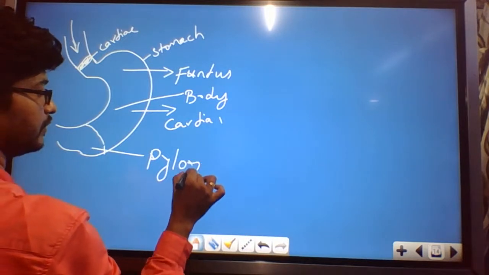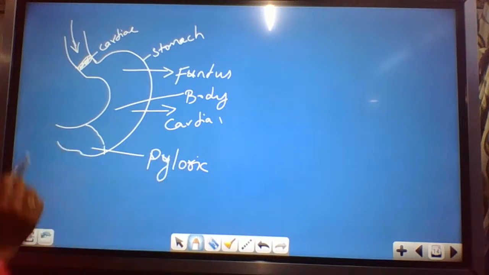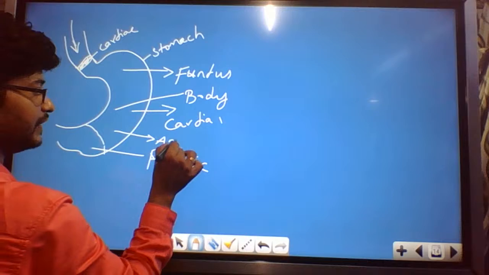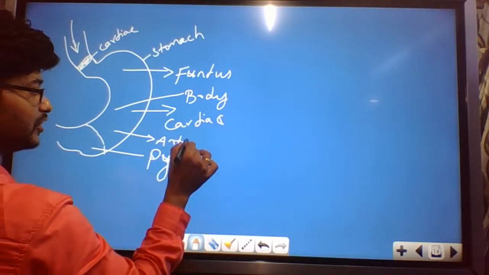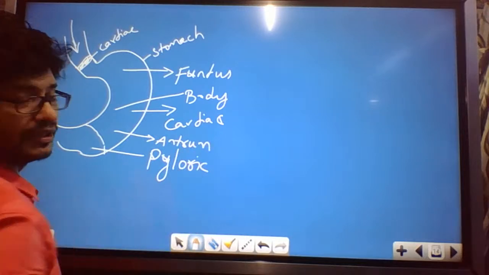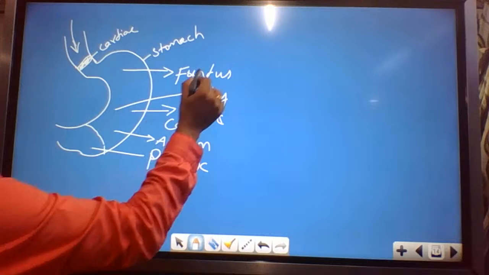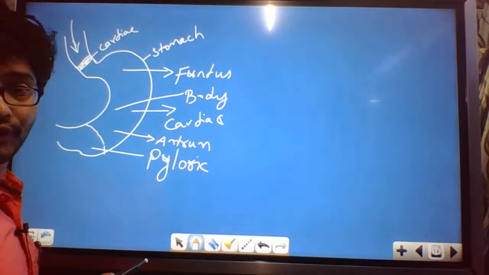In between the cardiac and the pyloric region is the antrum. So these are a few labels you should remember as far as the stomach is concerned: mainly the fundus, the body, the cardiac, and the pyloric region.